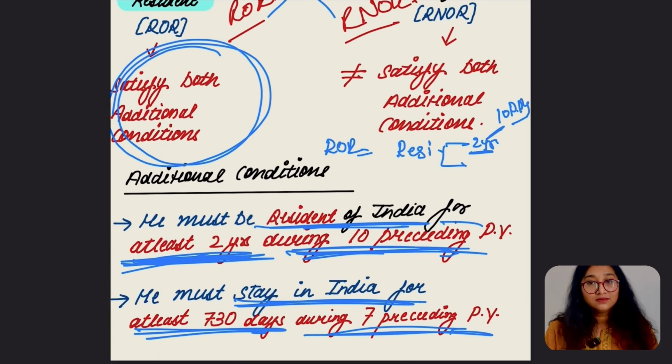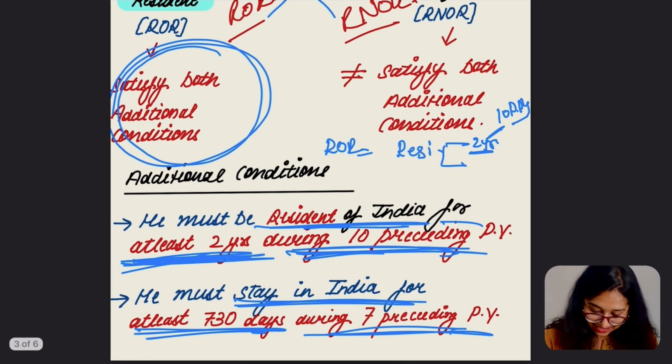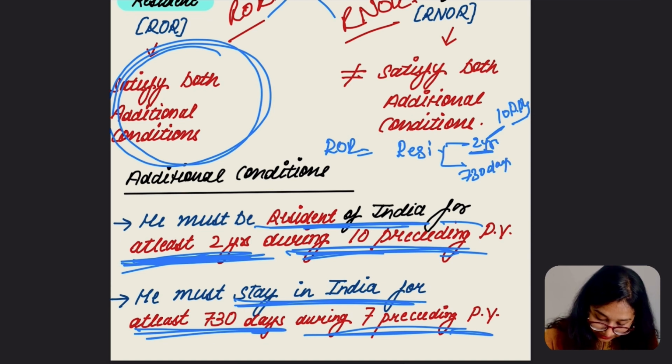Now this was one of the additional conditions. What about the second? He must stay in India for how many days? For at least 730 days during the 7 preceding previous years.